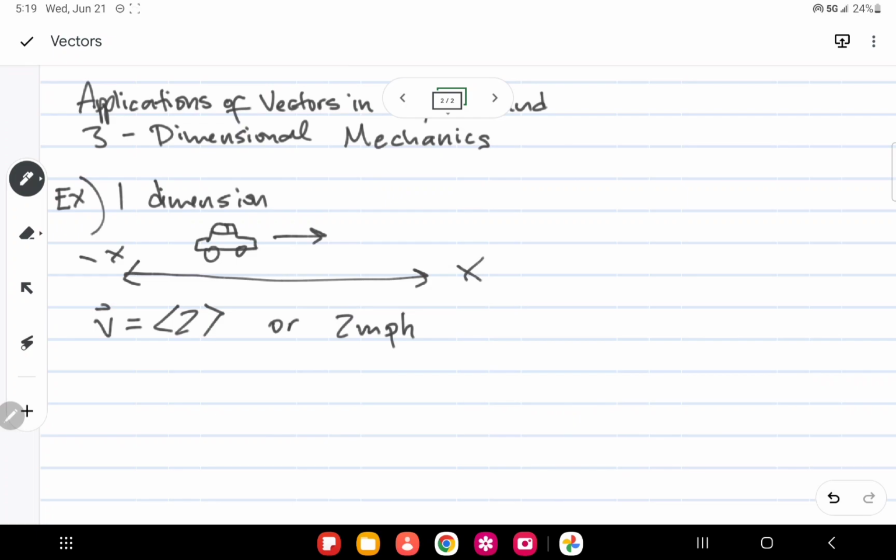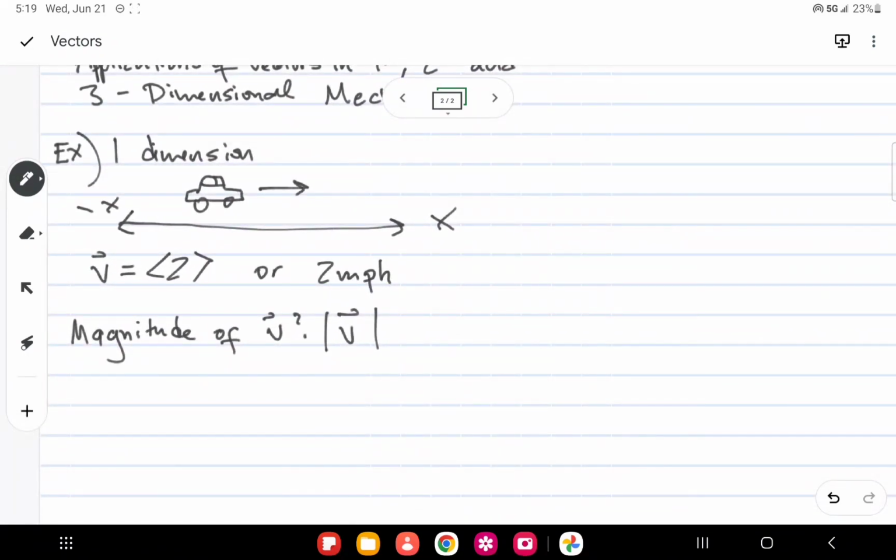Okay? So now the question here is, how do we find the magnitude of v, also represented as |v|? The magnitude is basically just the speed of that vector.